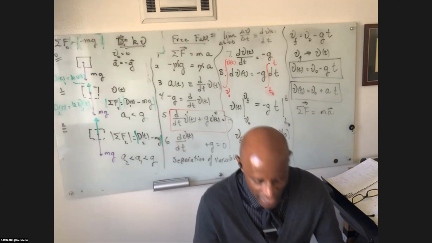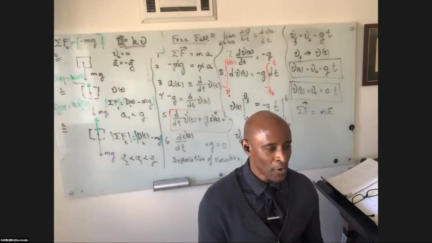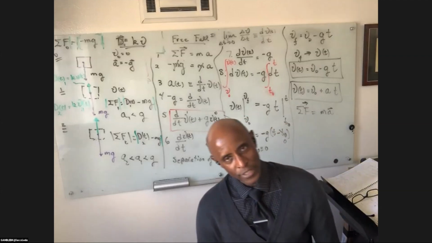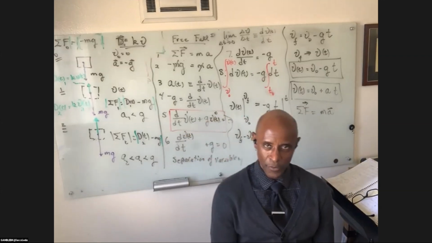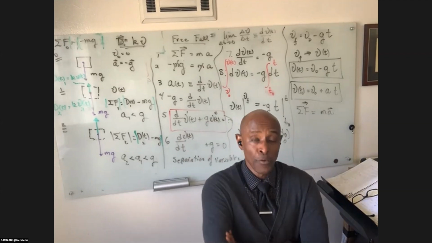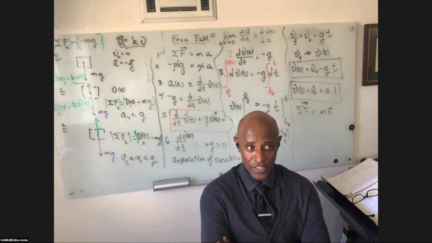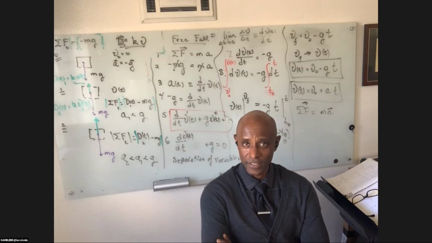But the velocity is increasing, right? So we don't really distinguish, at least qualitatively, a lot of times, between acceleration and velocity. But this is a situation where they really are different and can be doing very different things on the same object simultaneously.